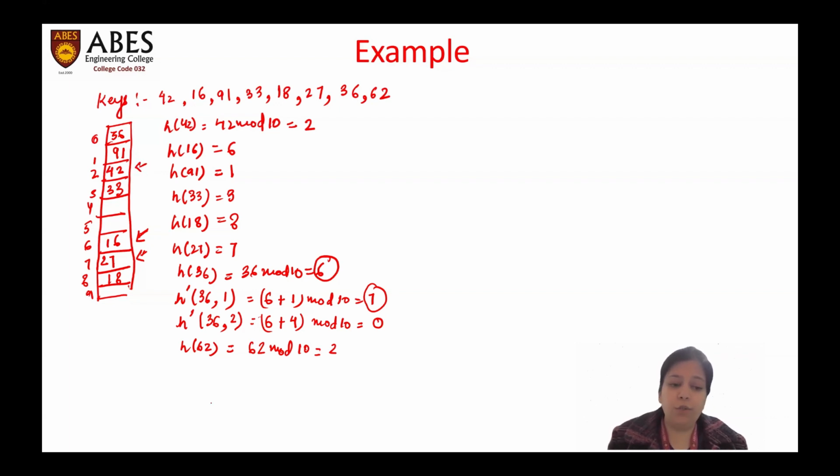So we calculate the quadratic probing, h'(62, 1), which gives us 2 plus 1 square, that is 1, mod 10, which equals 3. And again, index 3 is not empty, so we probe further.